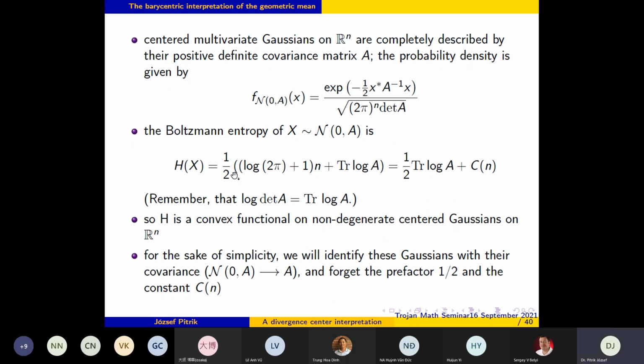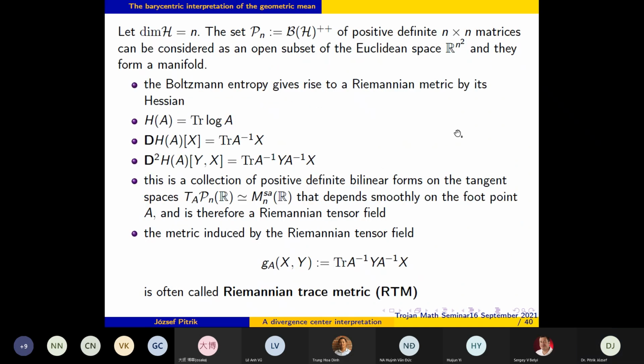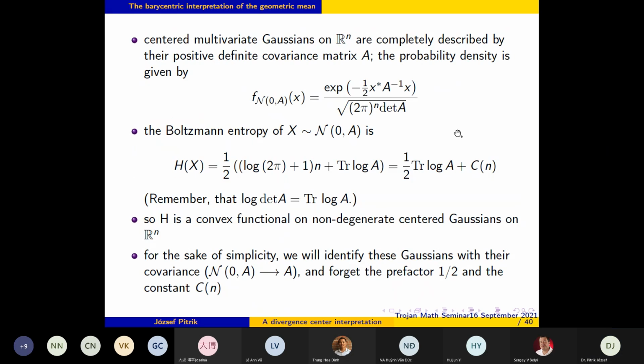We can get the Boltzmann entropy in this form, where we use the notable expression log det A is equal to trace log A. So finally, we can write it in the form half trace log A plus a constant depending on n, the dimension of our vector space.